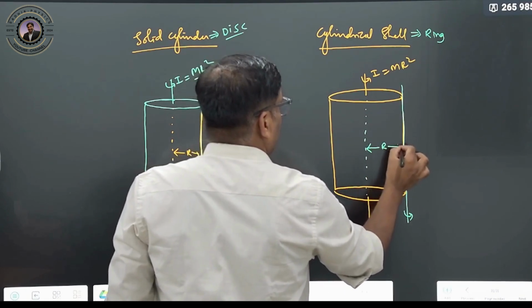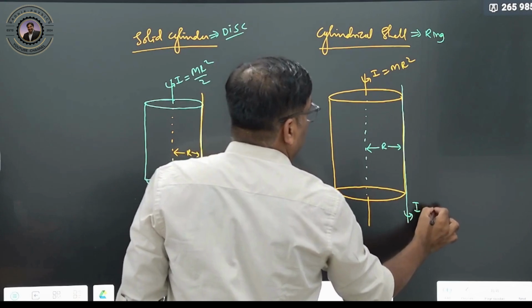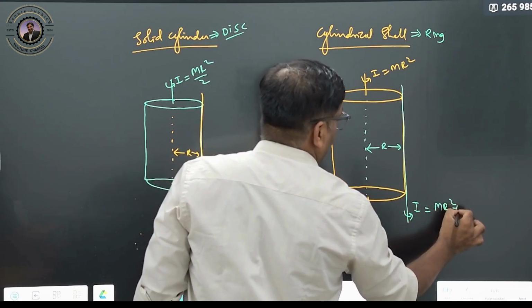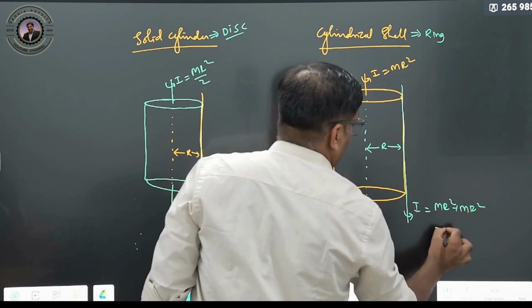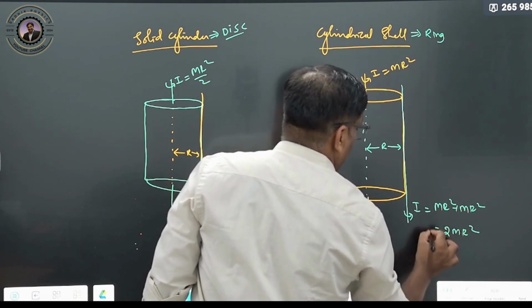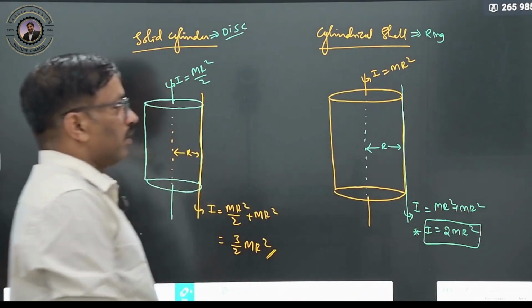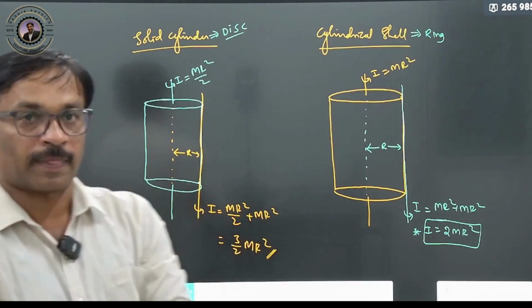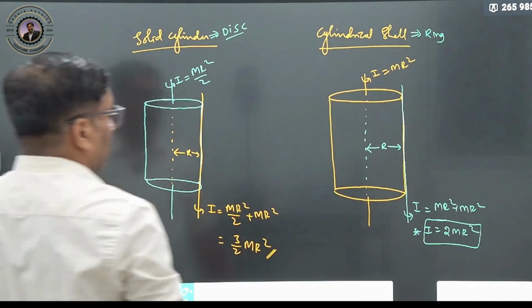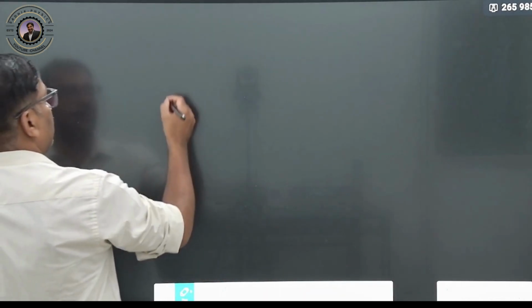This will be your R. Now I is equal to MR square plus MR square. Therefore 2MR square will be your moment of inertia of this one. Clear?